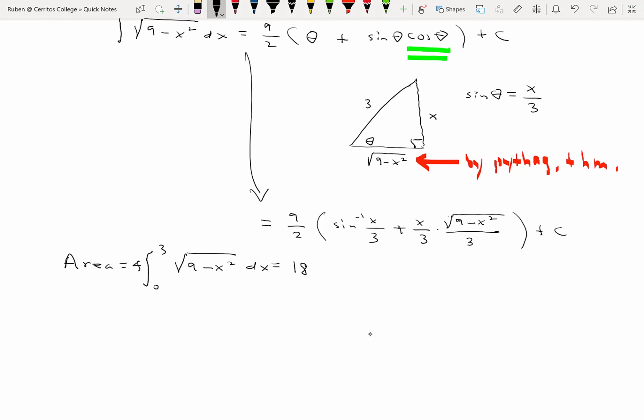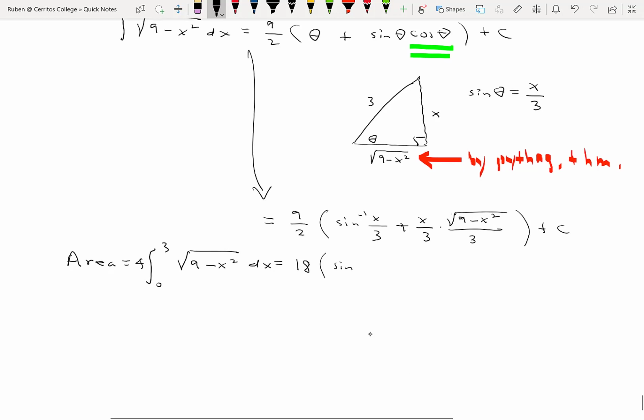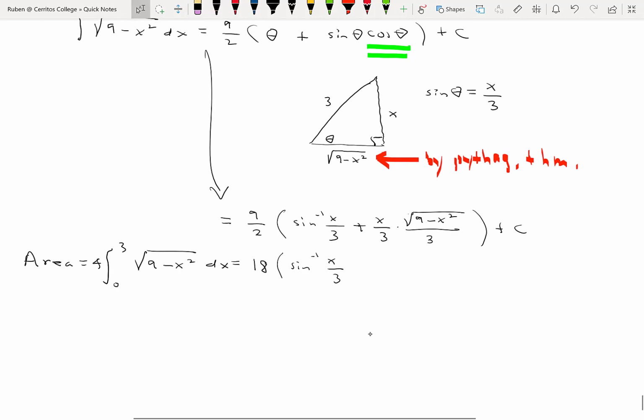Make sure 4 times 9 halves is 18. Yeah. Times the inverse sine of x over 3 plus x times the square root of 9 minus x squared over 9. Remember, this is a definite integral now, carried between 0 and 4. Oops, not 0 and 4, 0 and 3.